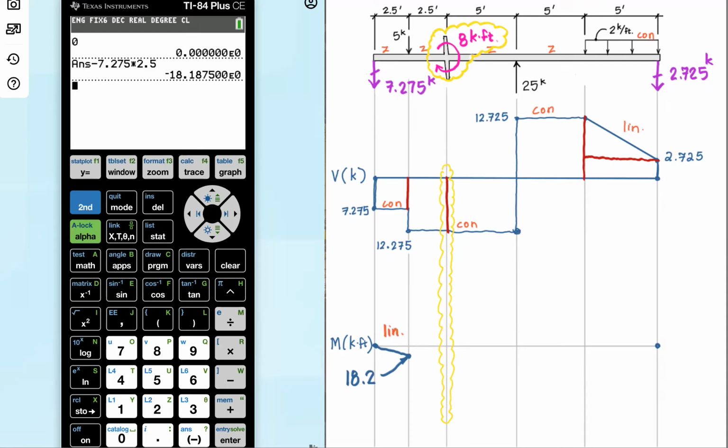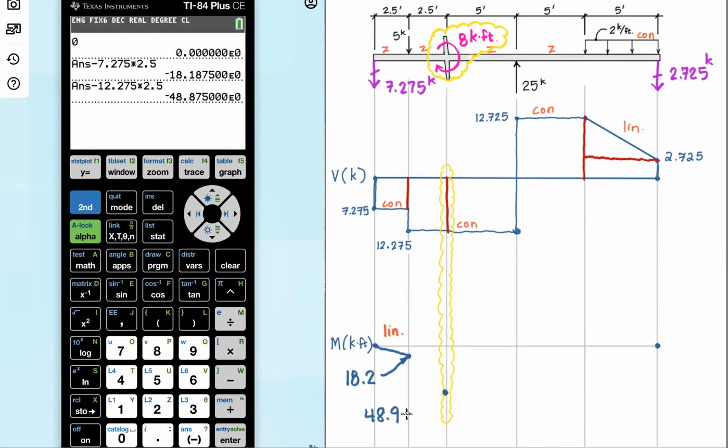All right, our next area, so it's negative, so we do a minus sign for negative. The area has a height of 12.275, and the base is 2.5. So that takes me down to about here, 48.9.